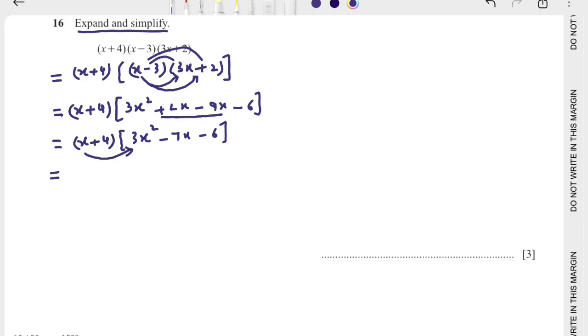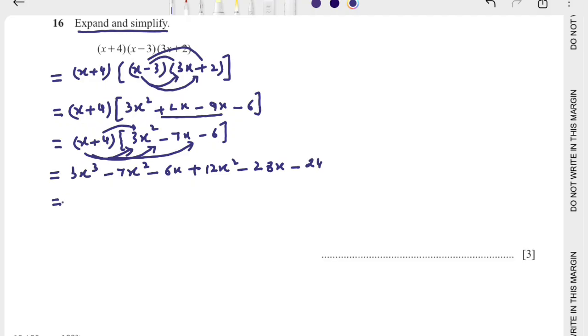It will be 3x cubed minus 7x squared and minus 6x, and with 4 it will be plus 12x squared minus 4 times 7 is 28x, and minus 4 times 6 is 24.